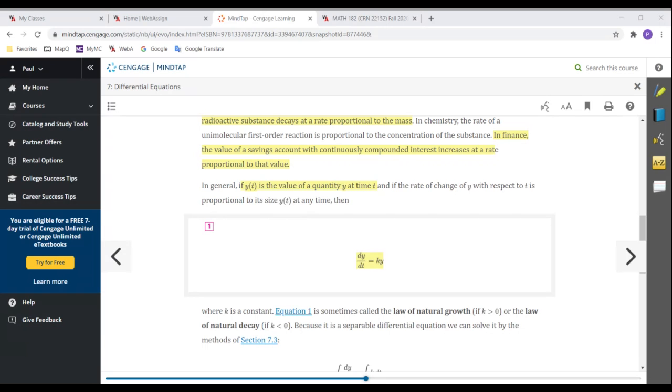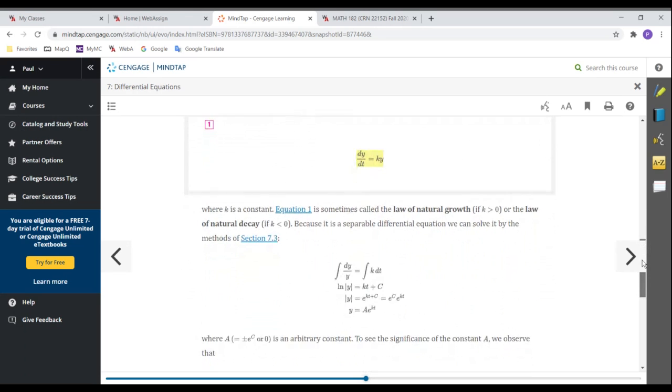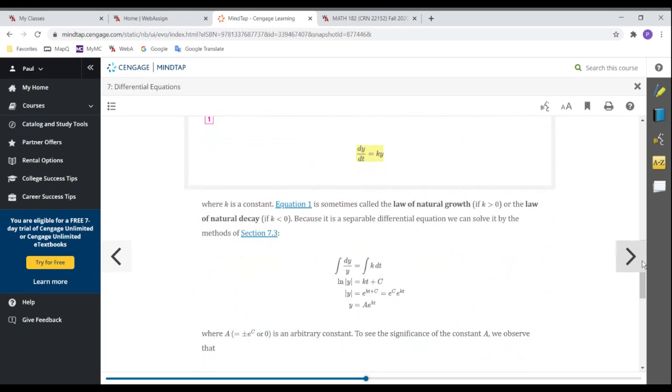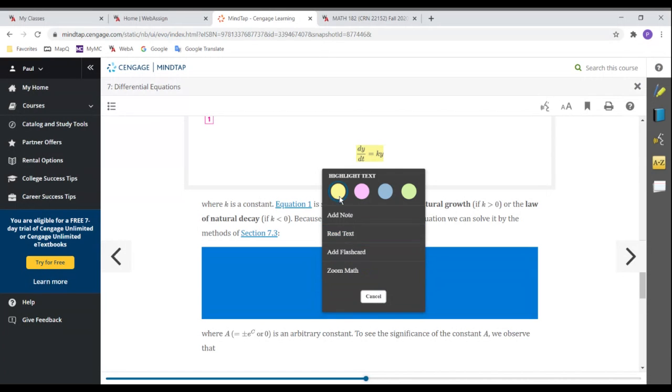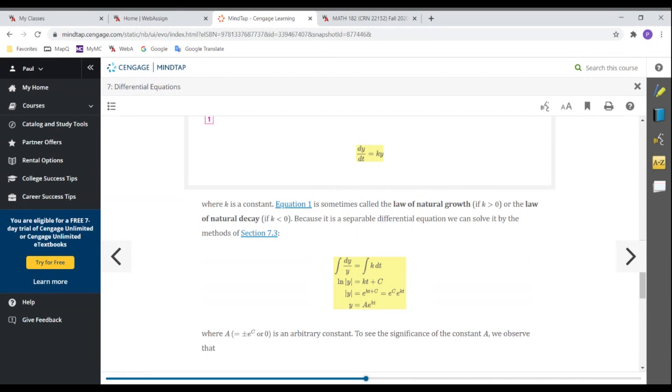So we're going to get a solution for that differential equation by separating the variables. So they show here how to do it. It's not hard. If you separate the variables, looking in this box here, you're going to have 1 over y dy equals k times dt.